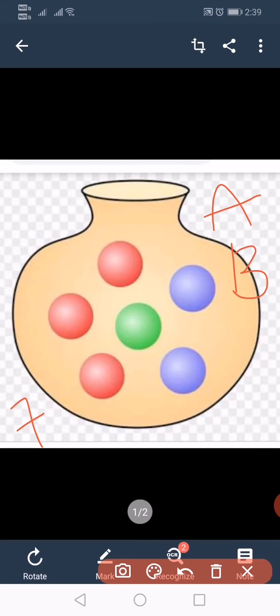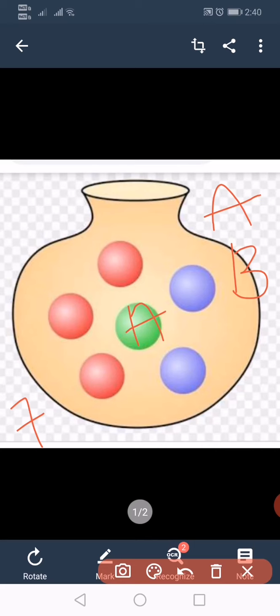Suppose in the first event, we draw a green ball. Let us consider this event A. Without replacing this green ball in the jar, let us pick another ball. Another ball means we get either a red ball or a violet ball, but we cannot get the green ball.